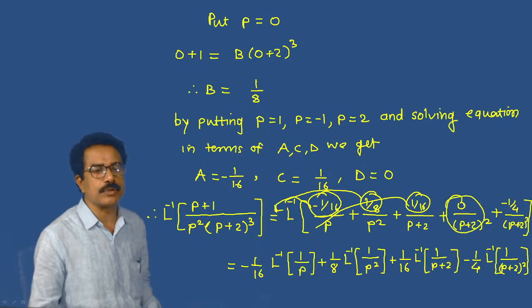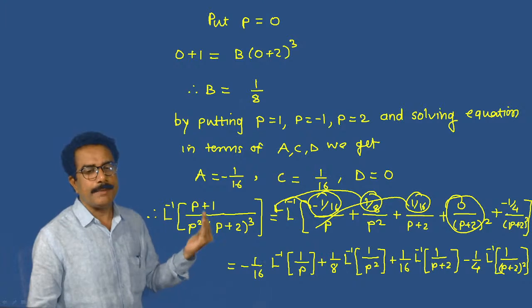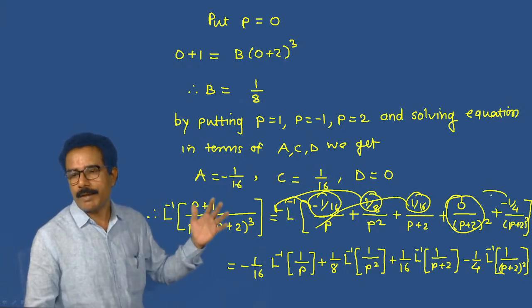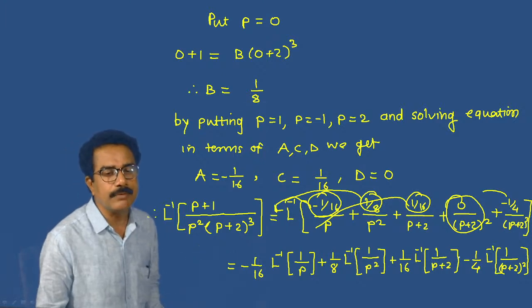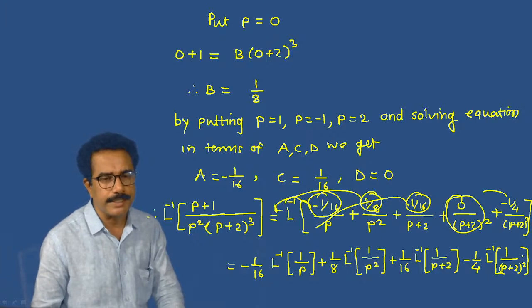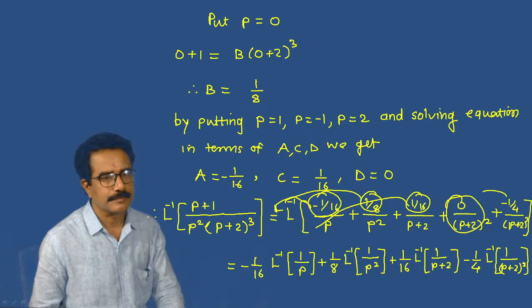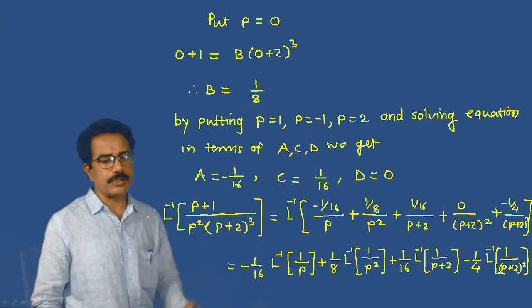See, this goes to total term 0, so it is not necessary to write it again. And again you take minus 1 by 4 out of L inverse. So minus 1 by 4 L inverse of 1 upon (P plus 2) bracket cube. Here is a cube. Okay, P plus 2 bracket cube in this way.